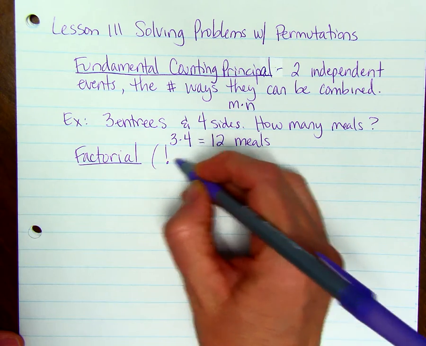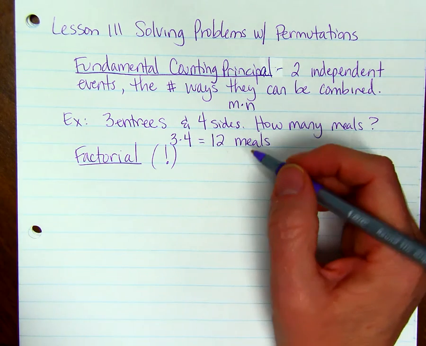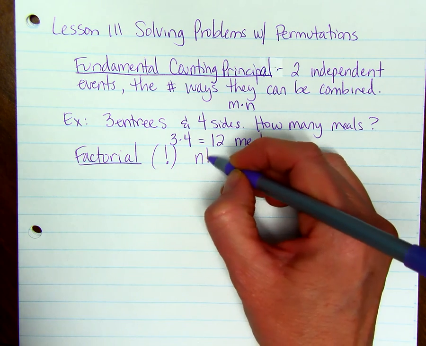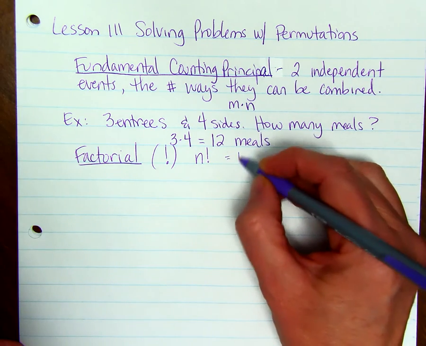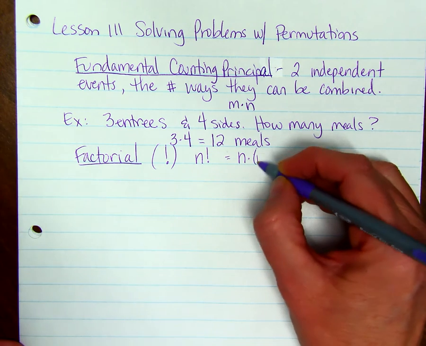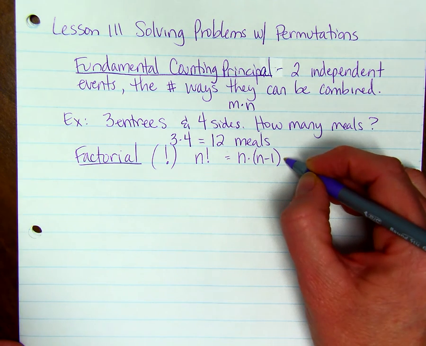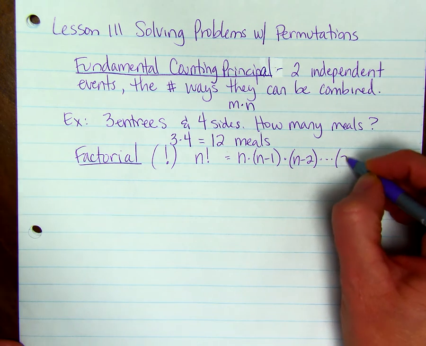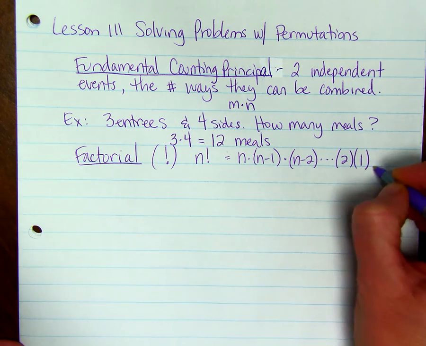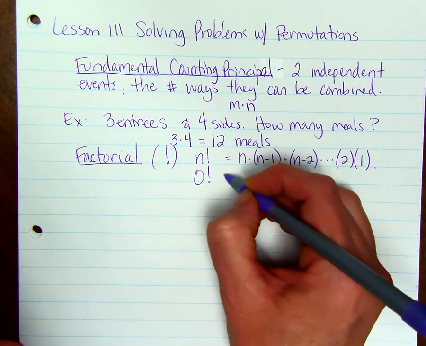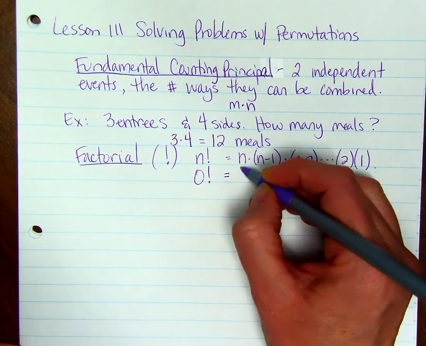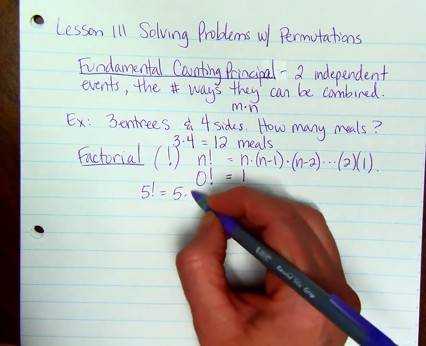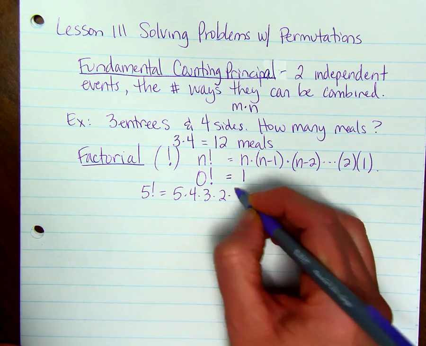If we have n factorial, where n is a number, that equals n times n minus 1 times n minus 2 times all the way down to 2 times 1. Now, if we have 0 factorial, we automatically define that to be 1. For example, 5 factorial equals 5 times 4 times 3 times 2 times 1.